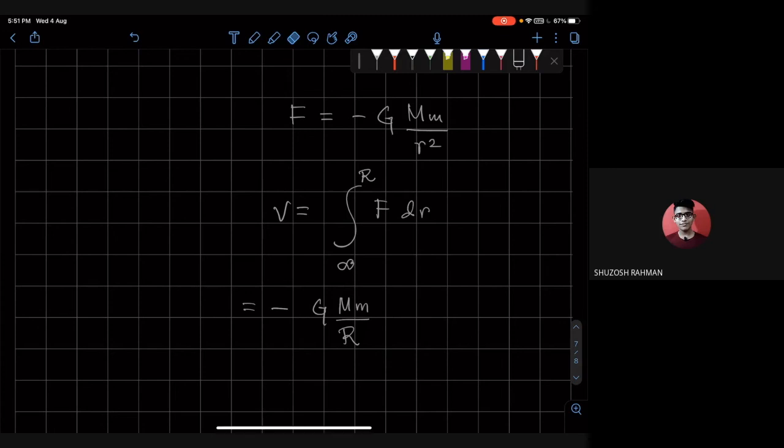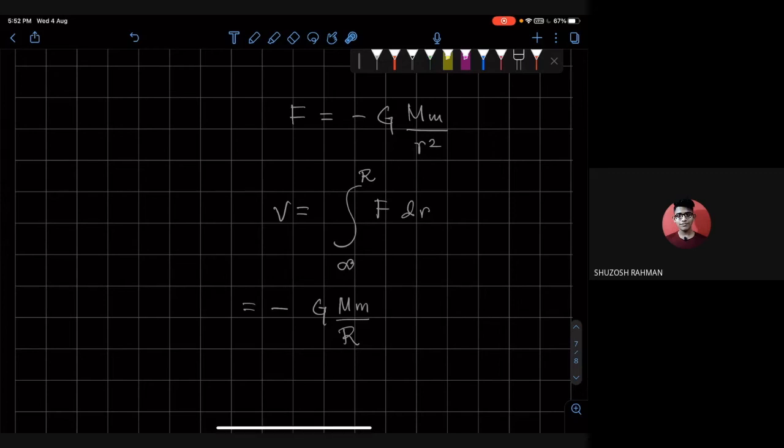This is work done, right? And work done is force times displacement. So there's a minus sign in F, and if I take the integral of 1 over R squared, I get minus 1 over R, right?